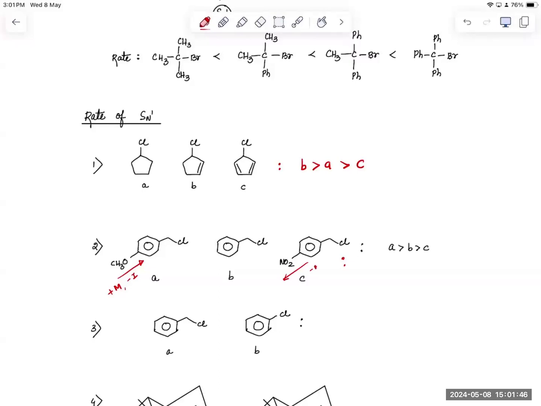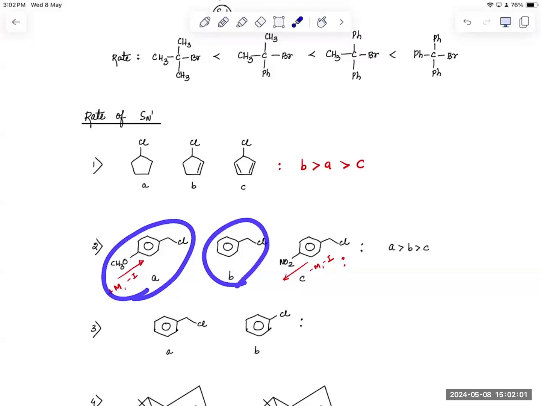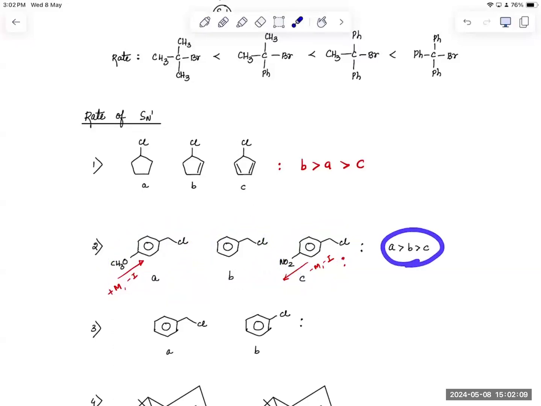It is withdrawing by minus M and by minus I. Overall also it is an electron withdrawing group or deactivating group. So obviously carbocation is more stabilized with activating groups. So OCH3 will stabilize this. Nothing is there, still okay compared to the withdrawing group here. So A is greater than B is greater than C.